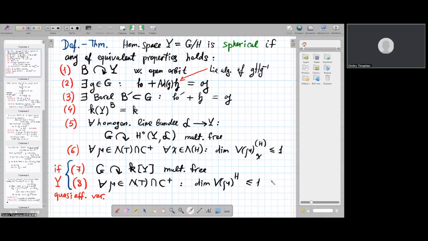Well, maybe this proof was a bit lengthy because there are too many conditions defining this class of spherical homogeneous spaces. But this is the reason why these homogeneous spaces are so interesting.